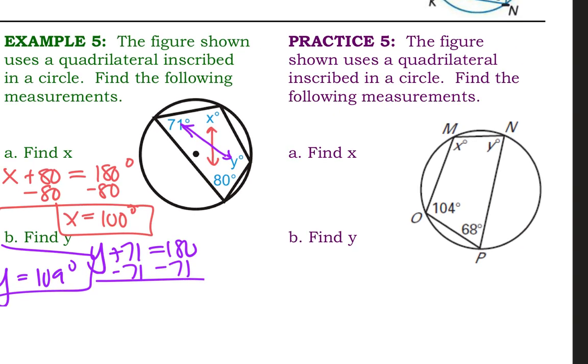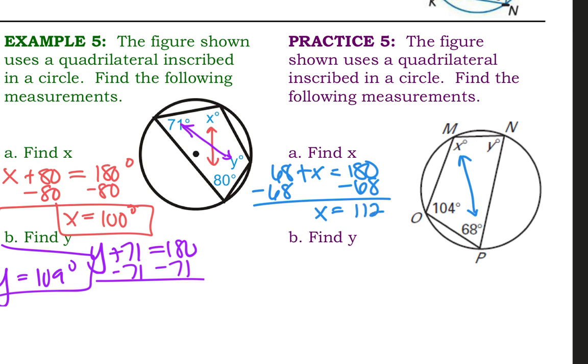All right, what am I putting with the X here? April. What should go with 68, April? X, good. So you should do 68 plus X equals 180. And what do I want to do with the 68? Subtract it. And can you subtract it for me? What do you get for X? 112, good.